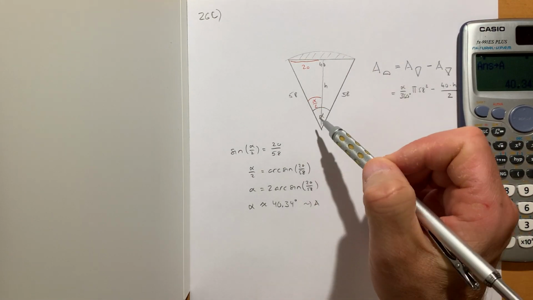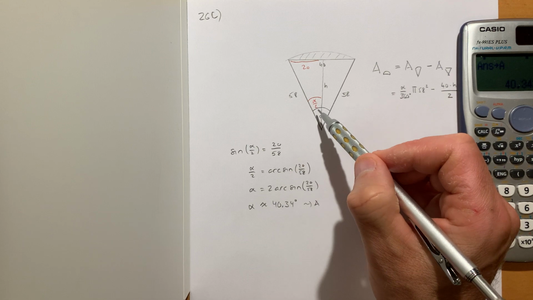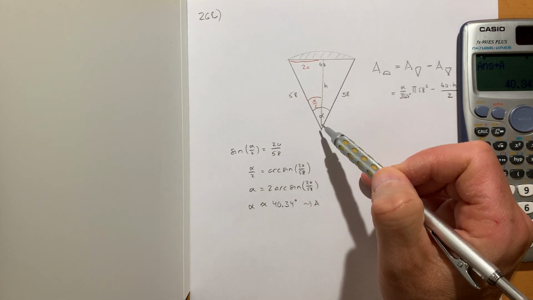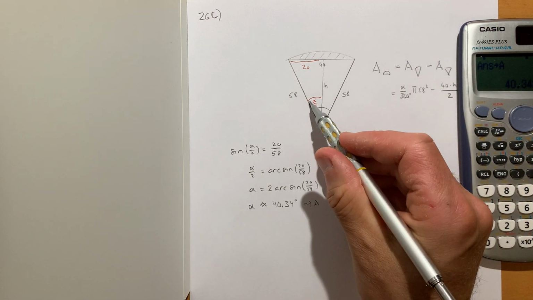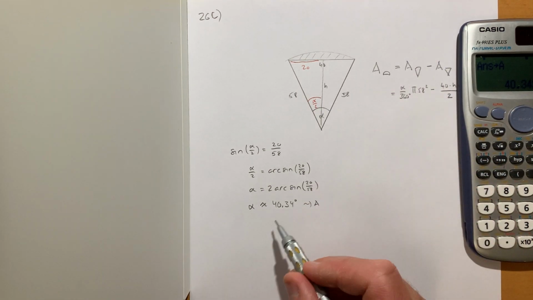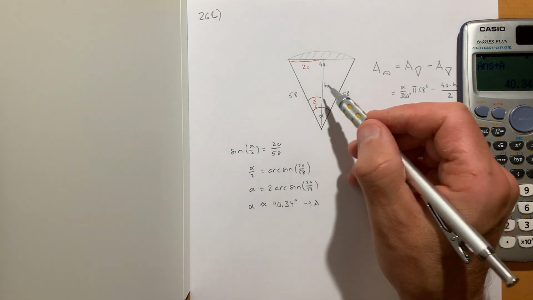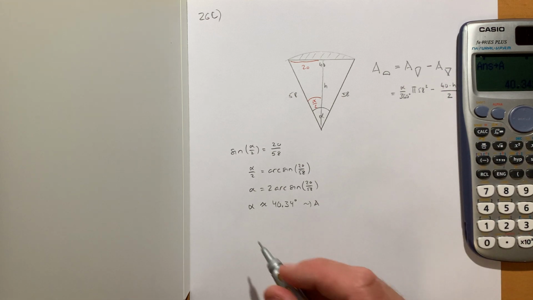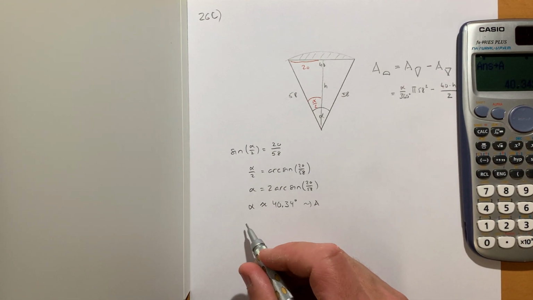Well, once we have alpha, and we have these two, we could work out the height. Either we can use alpha halves in order to work that out, which is A halves, or we could just use Pythagoras. Let's use Pythagoras in this case. It's very easy.